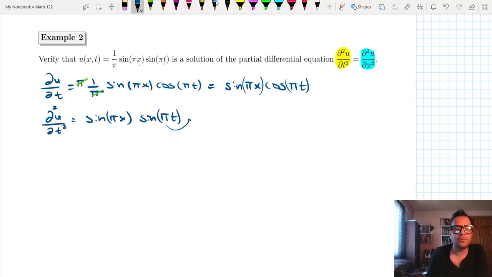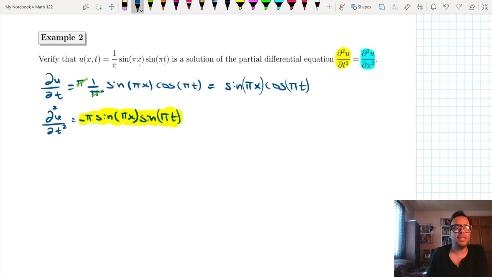I'm going to put it in the front, and I'm going to put the negative from the derivative. Okay, so negative pi sine pi x. Okay. All right, so we are done with the second partial derivative with respect to t. We put it on the left-hand side of the equation.